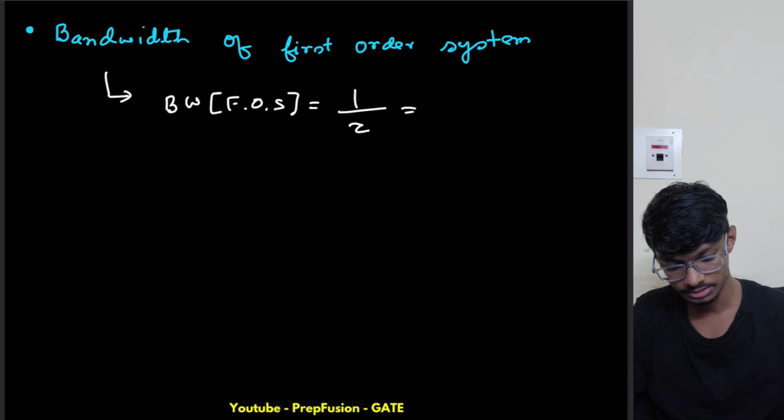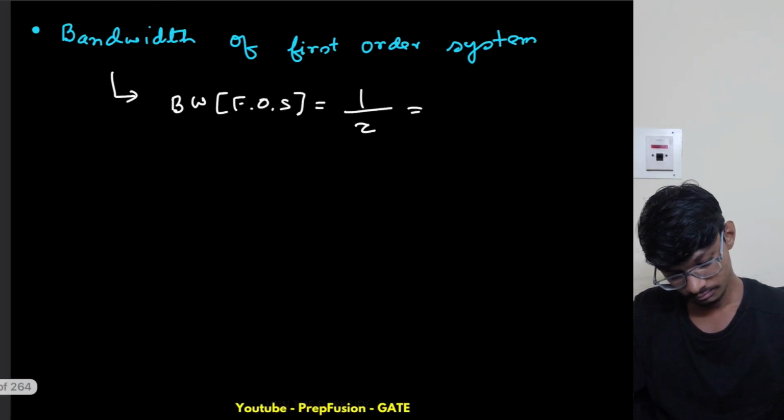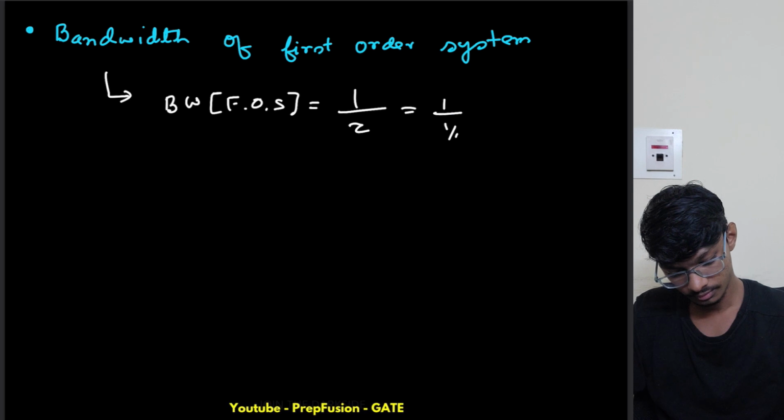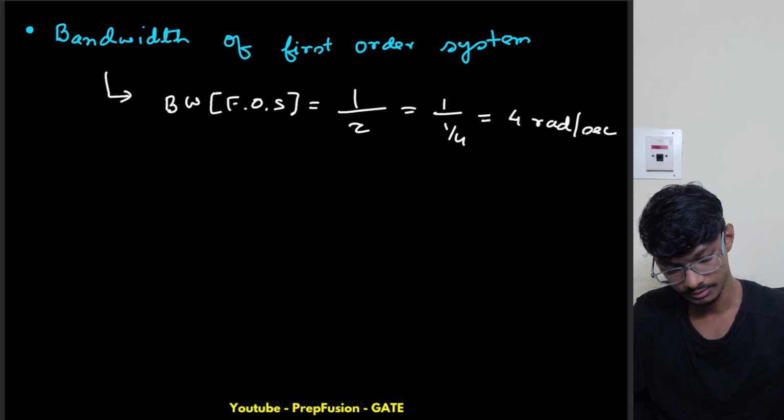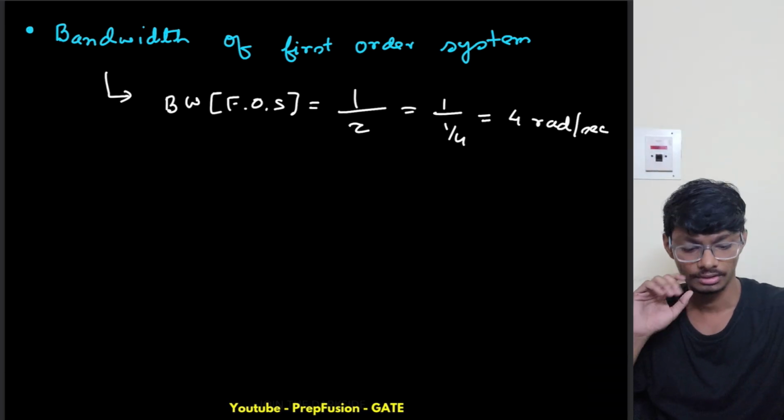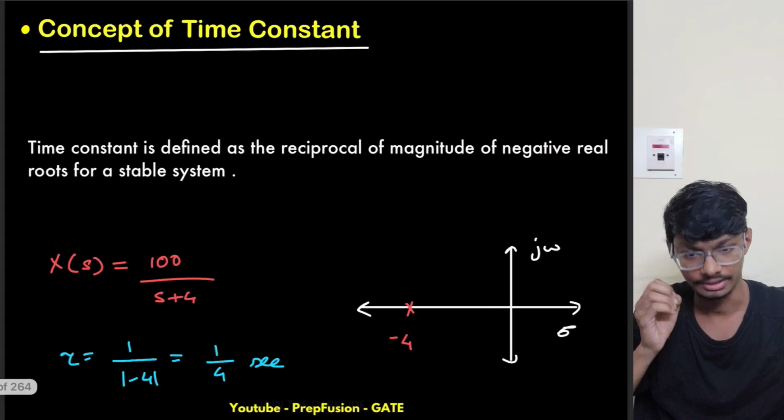One over the time constant is 1 over 1 over 4, which is 4 radian per second. So this also we can say.